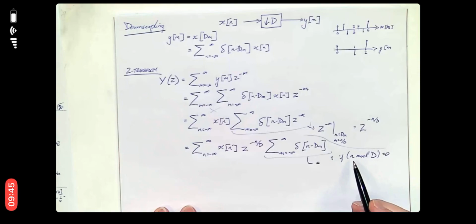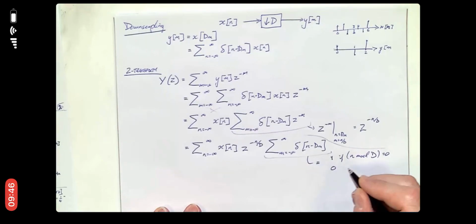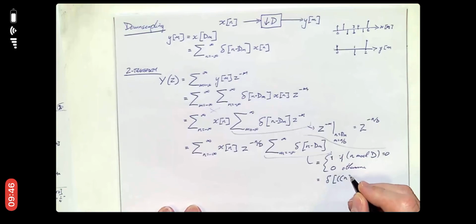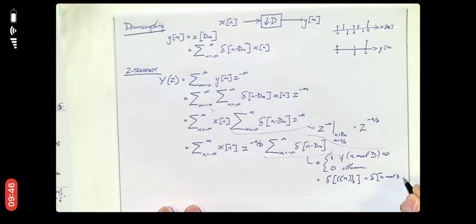So if n is exactly divisible by d, then these will cancel, or give us a 1. It'll give us 0 otherwise. And so let's see where this comes from. We could write this, if we wanted to, as a delta function, but a periodic delta function here, delta of n mod d. So this bit is actually quite tricky.